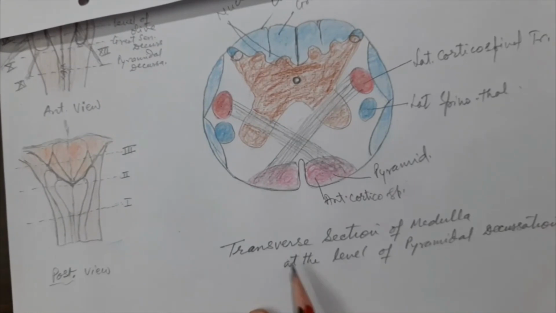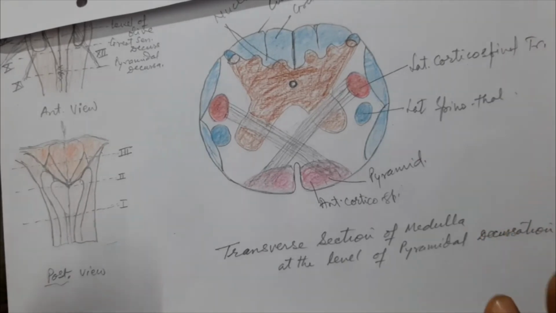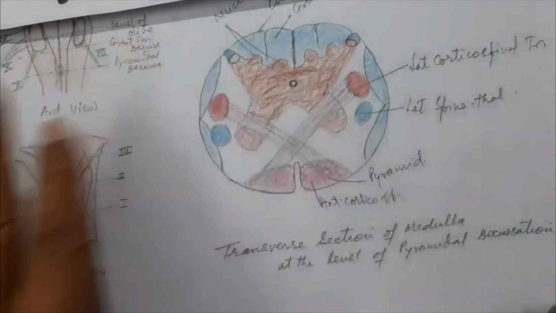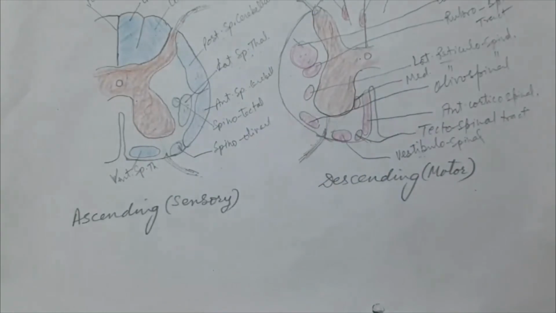That's why this transverse section of the medulla at the level of the pyramidal decussation mostly resembles the structure of the spinal cord. But as we go to higher levels, the structure of the spinal cord will not be recognizable. Thank you very much for watching this video.